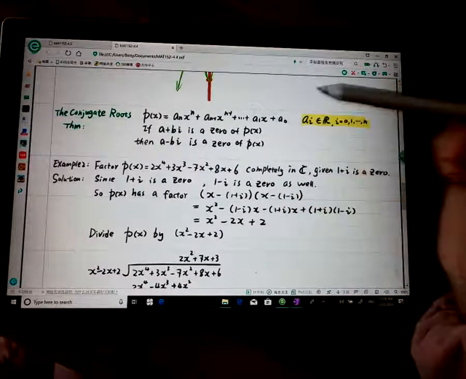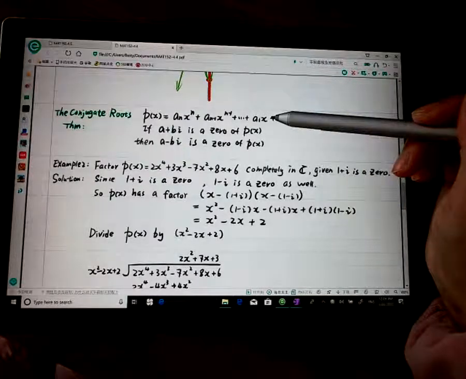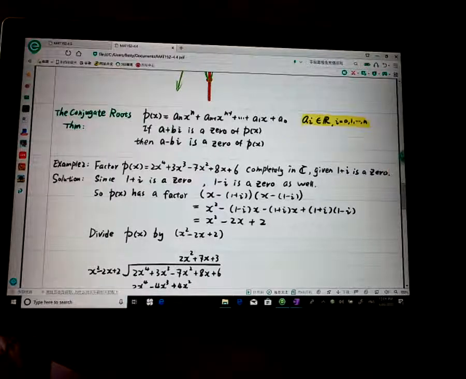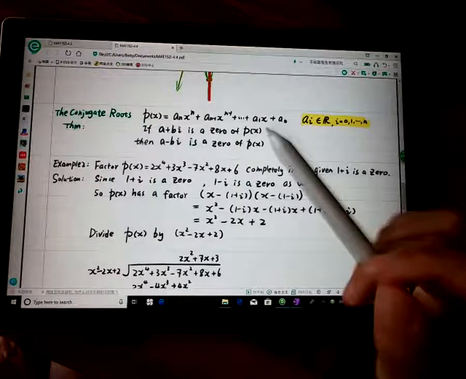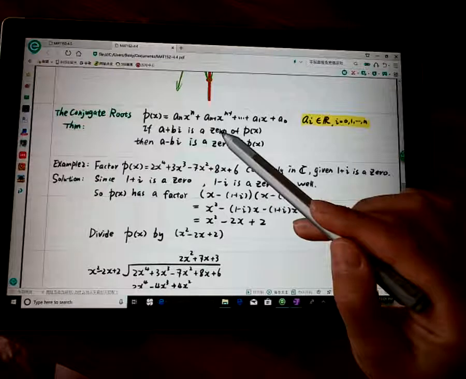You know what I'm saying here? In other words, if a polynomial function has a non-real complex number as a 0, then it must have its conjugate as a 0 as well.